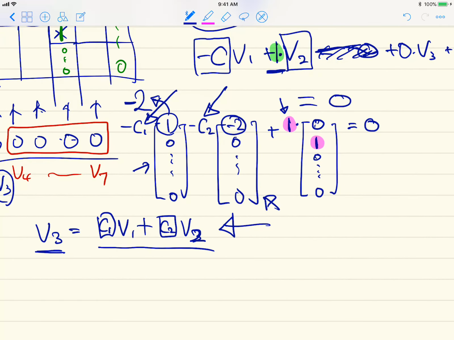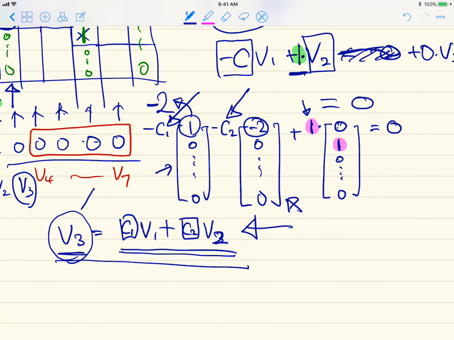It comes from this representation when we try to represent V3 as a linear combination of the previous vectors, and this guy will have the linear combination coefficient as 1. So this one cannot be 0. It should be a non-zero value, because that way we can represent it as a linear combination of the previous one.